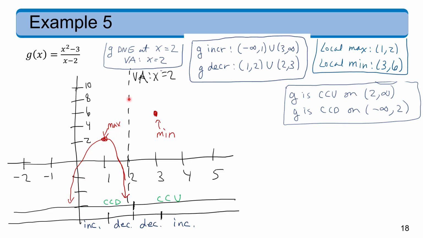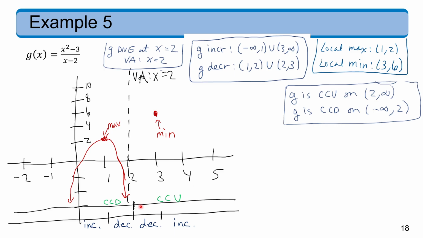Now it's going to jump across this vertical asymptote because a graph never crosses its vertical asymptote. And now we have this new piece. We know it passes through this point as a minimum. It comes in from the left, decreasing, and then after it passes that point, switches to increasing.